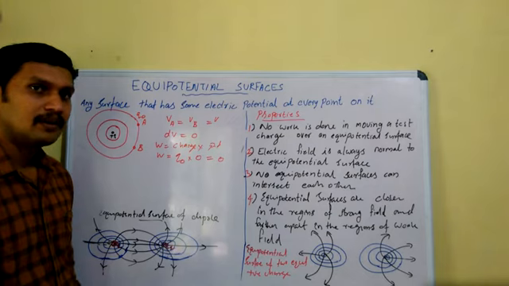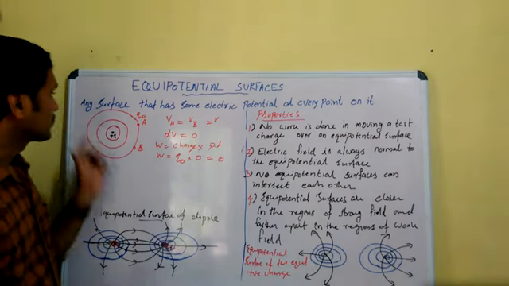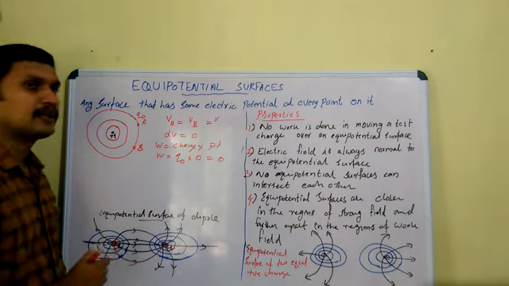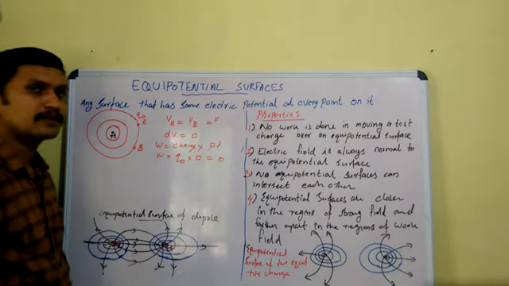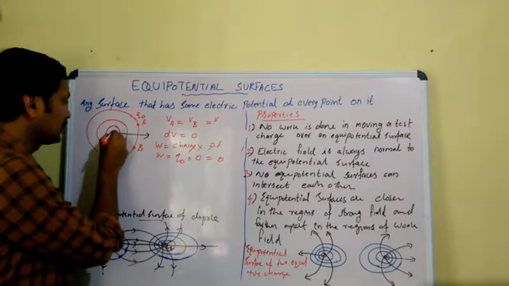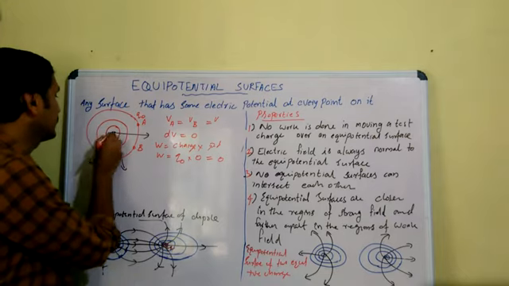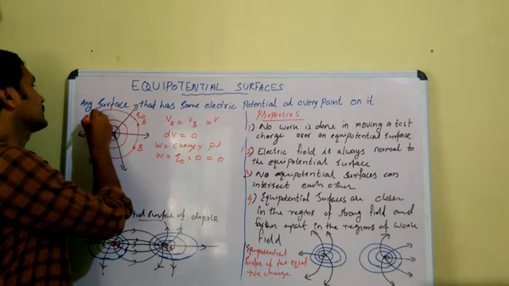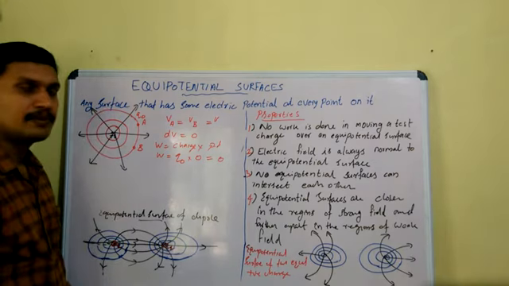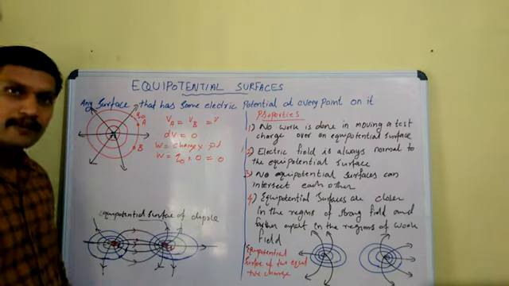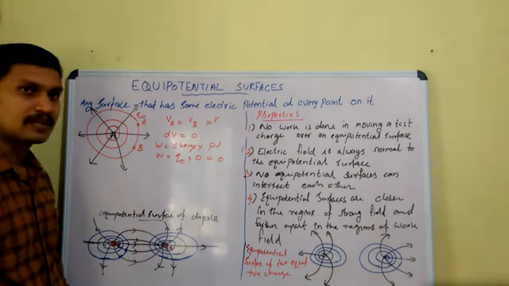Got it? Now, in the same diagram, we can show the electric field lines originating from the source charge. Suppose I am drawing the electric field lines from this charge. These are the electric field lines directed radially outward from the source charge, away from the charge as it is a positive charge.